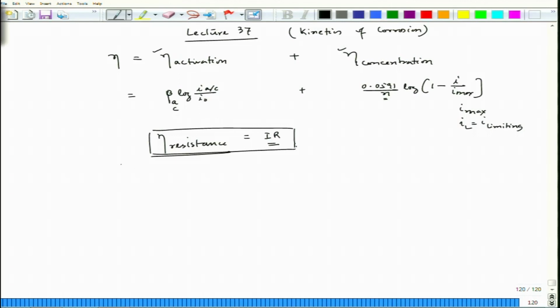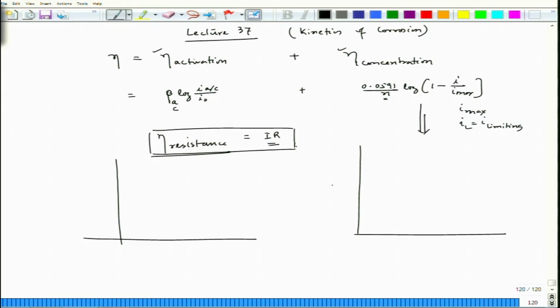Now if I try to plot, the plot nature as we have seen before would be like this. This is overvoltage, this is log I, and this is the point where overvoltage is 0, corresponding to I0 of that particular metal. If I try to plot this, the plot will look like this.